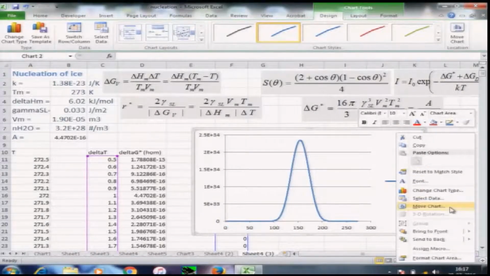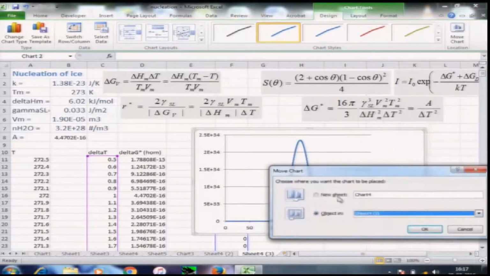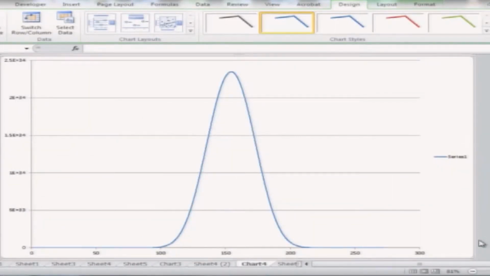Let me move this to a new sheet so that I can see this plot in an enlarged manner. Here you can see where the peak is coming: around 153, and if you recall, by solving that cubic polynomial in delta T, the undercooling we had calculated was of the order of 154 degrees, so we are close by here.